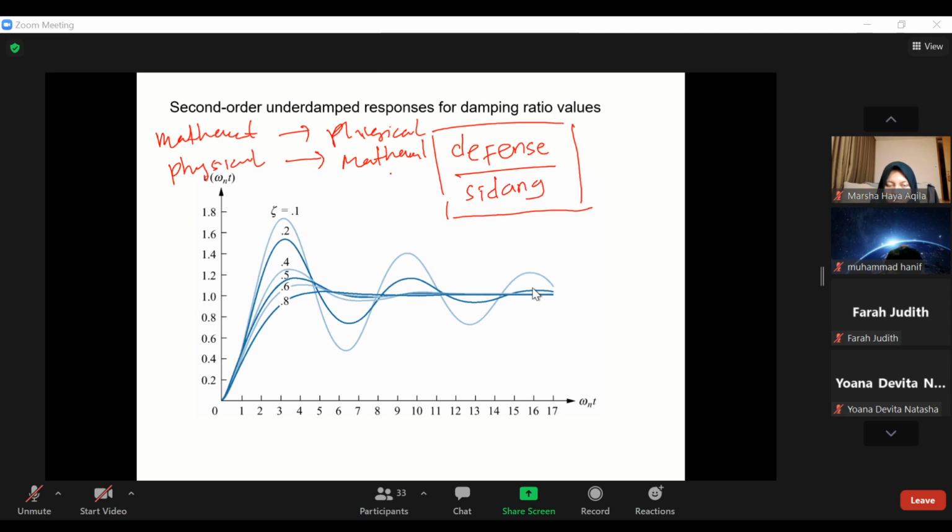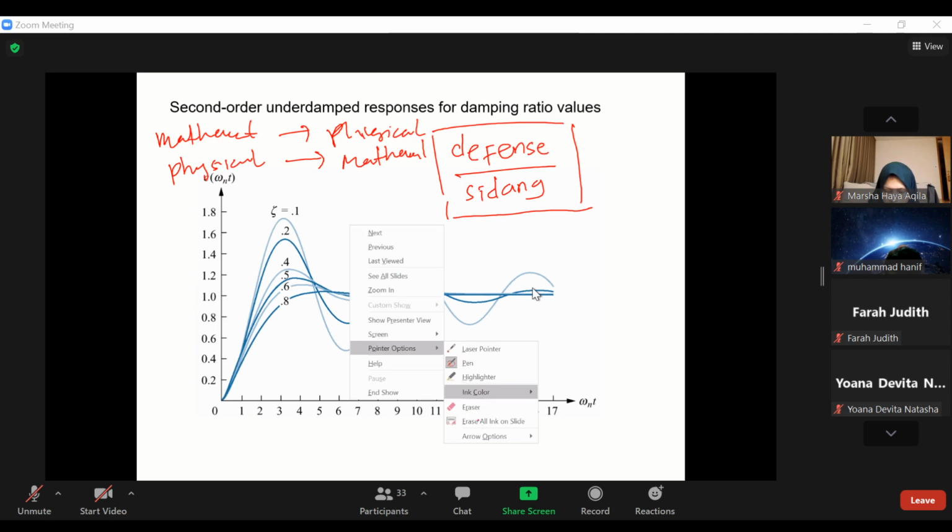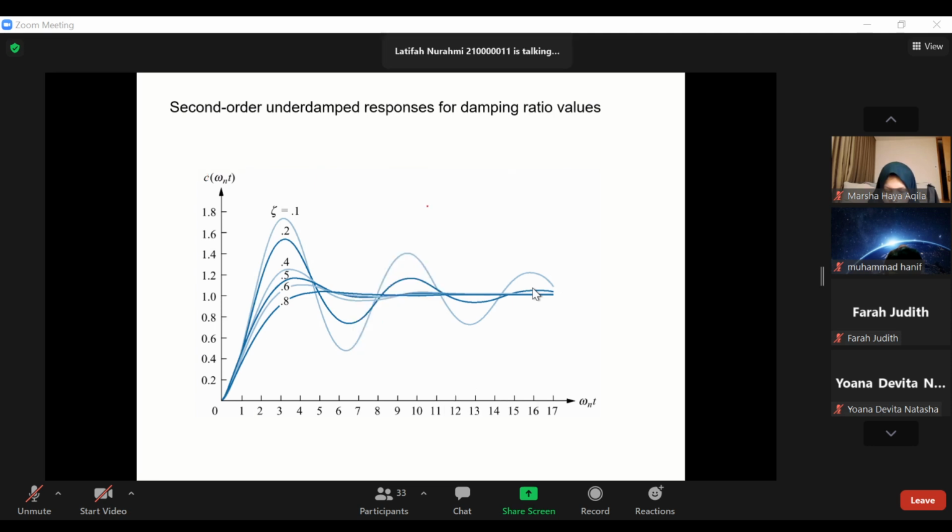How does this equation look in real life? What does it mean in real life? As I told you, it's good for you to attend one sidang at the end of the semester, not for understanding the topic, but to know what the questions will be.